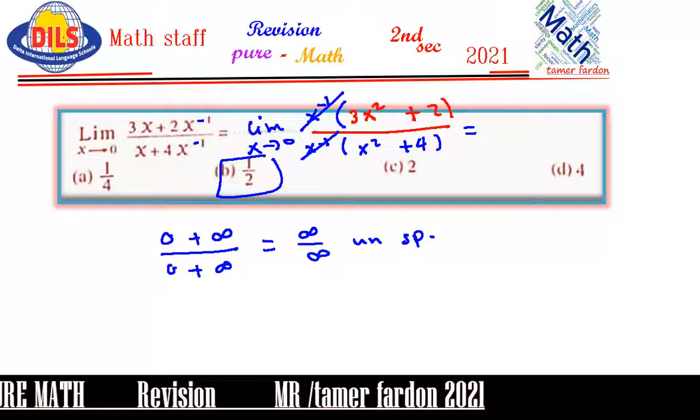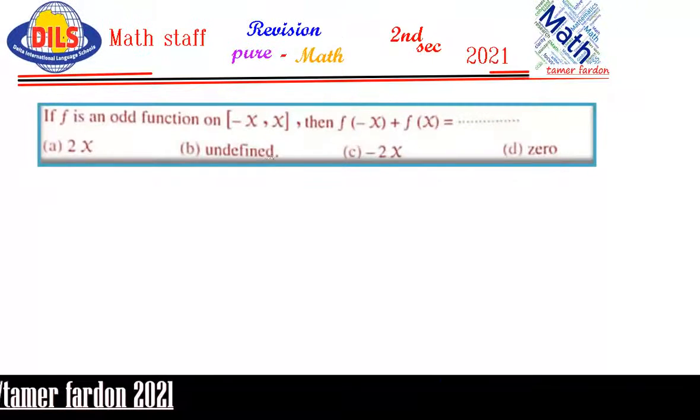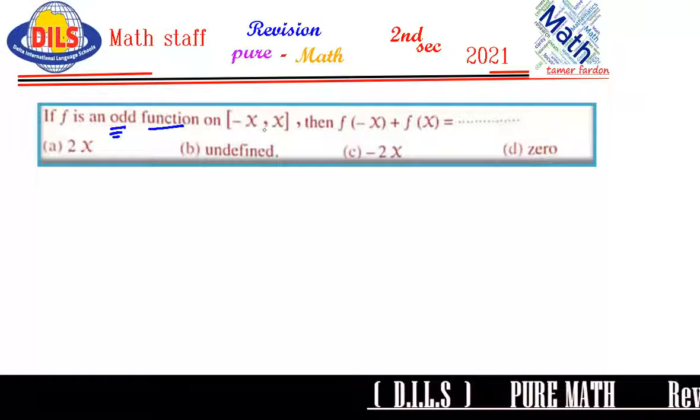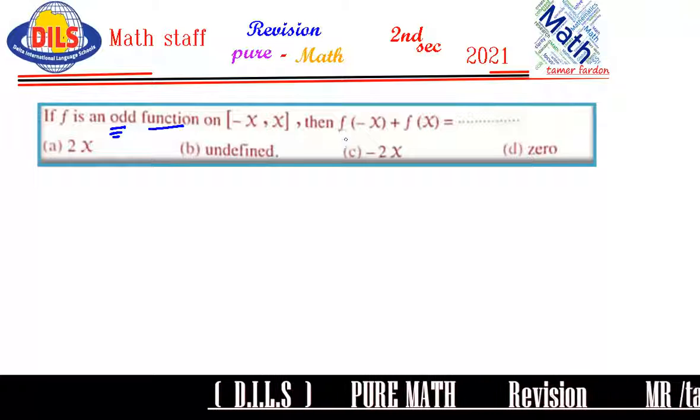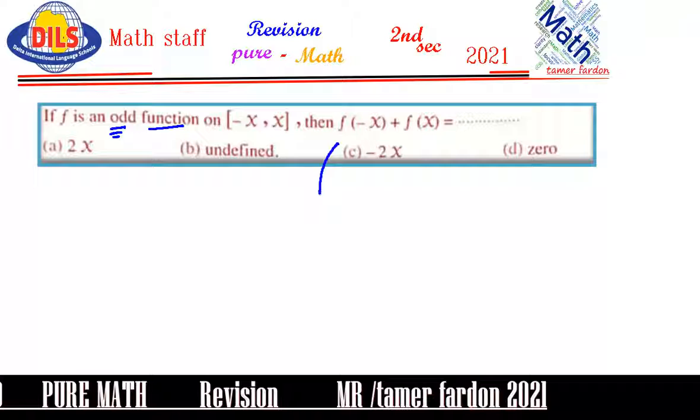Okay. Another exercise. If f is an odd function on the closed interval from negative x to x, then f of negative x plus f of x equals what?